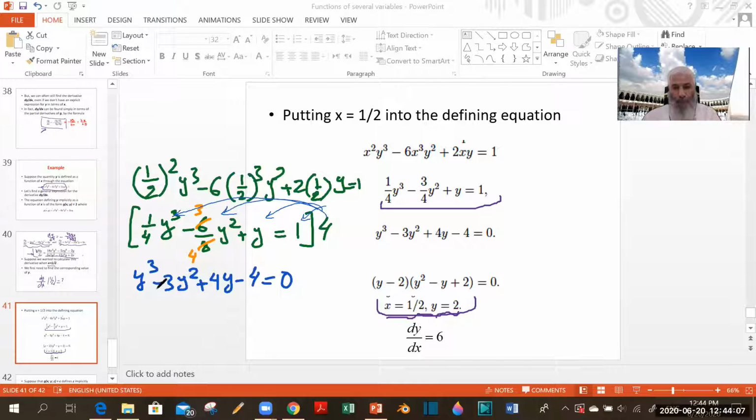And here we have a quadratic equation, yes? No, this is not quadratic, this is a cubic equation, third degree. We will factorize by grouping.